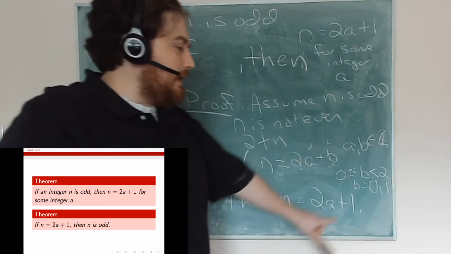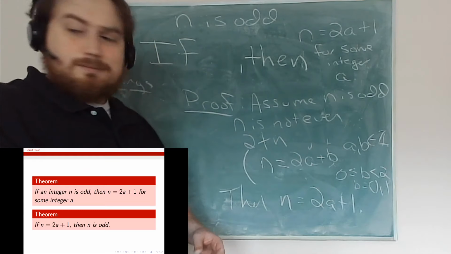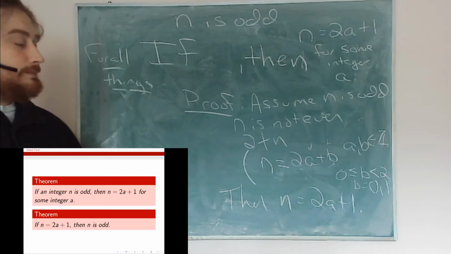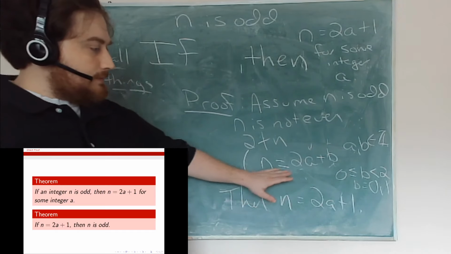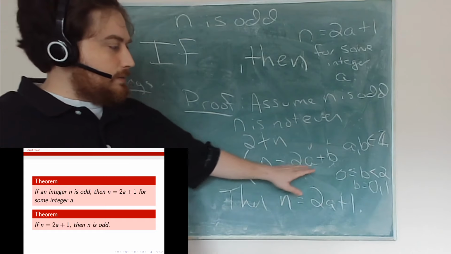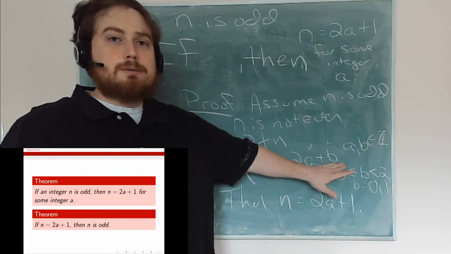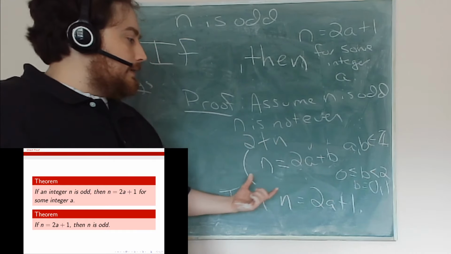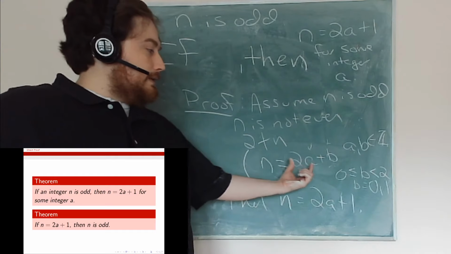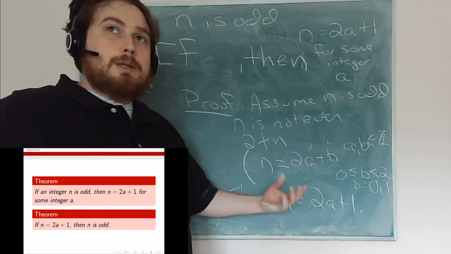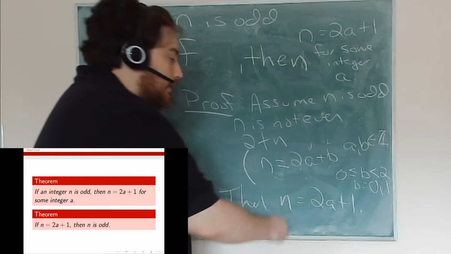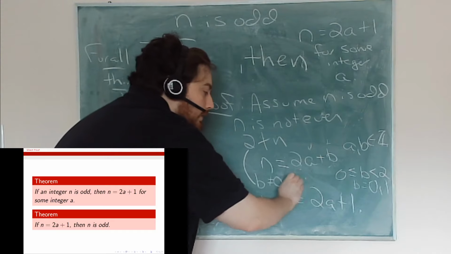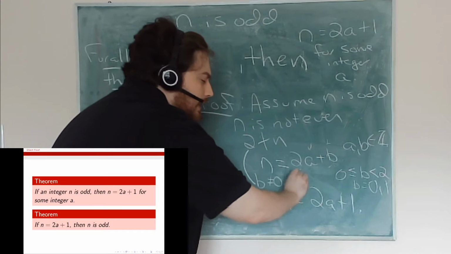Now, can b be 0? You guys can help me out here. What happens if b is 0 in this case? Then n is equal to 2a plus 0. And n is even. Very good. Thank you. Someone chimed in on Discord. If b is 0, then n is even because it's divisible by 2. So we can say b is not 0, or otherwise, n is even.